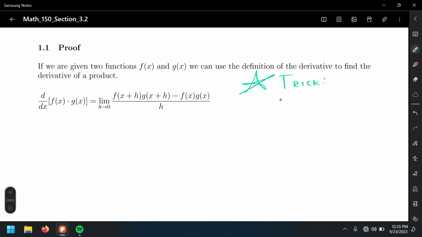So, subtract and add the quantity f of x plus h times g of x. Okay, so we're going to do this in the limit expression here.